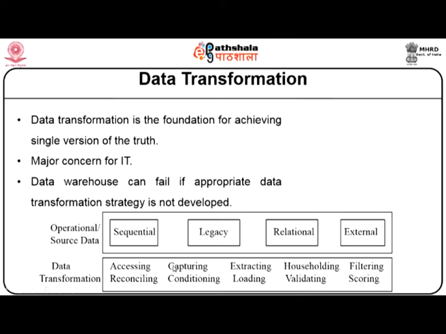It can capture, condition, extract, load, household, validate, filter, score. So, these are the different steps that happen within the transformation process, so that it becomes structured rather than normalized, and it is very easy for the user to access in an informative manner.